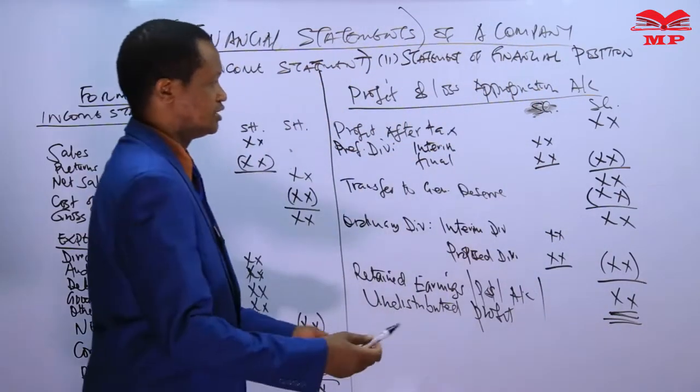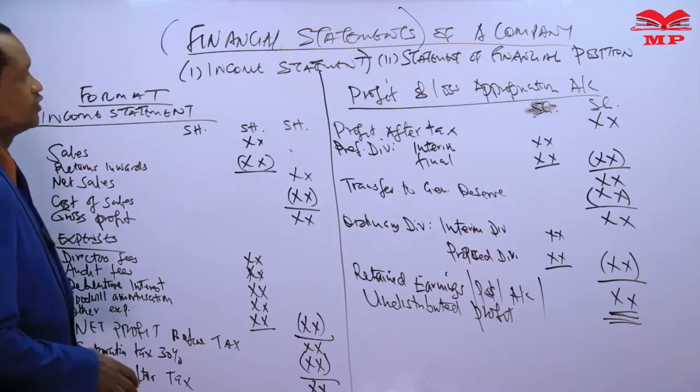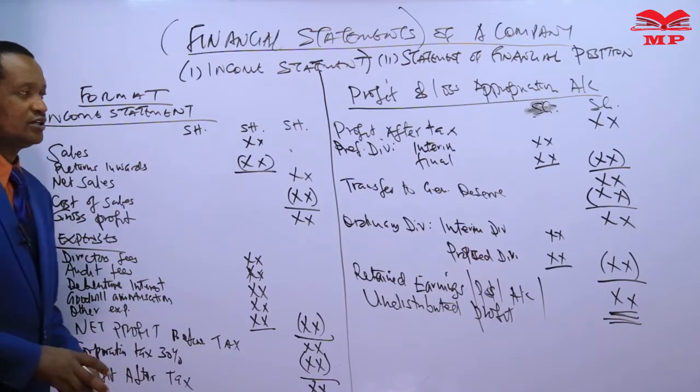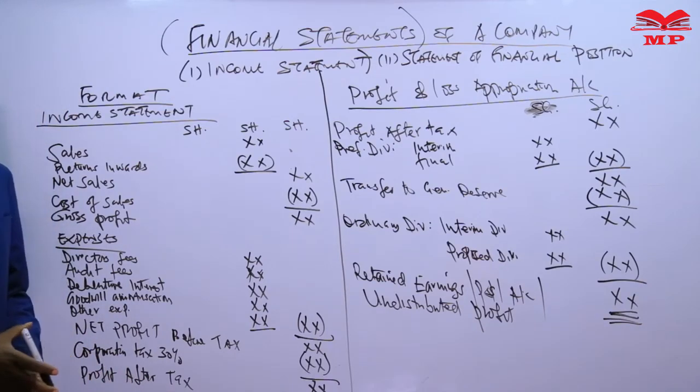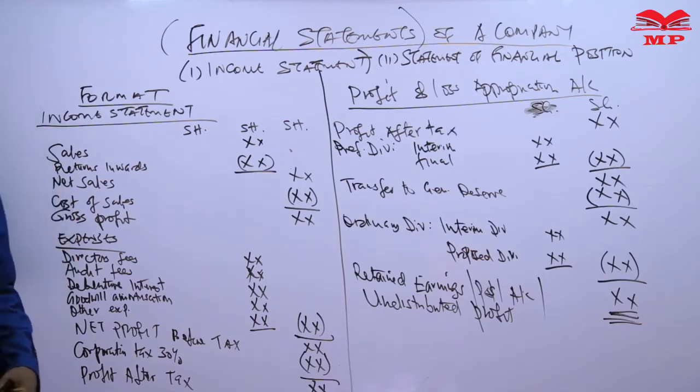So that is a general format of an income statement for a company. The general format. That is how to prepare the income statement for a limited company. So this is the way to do it.